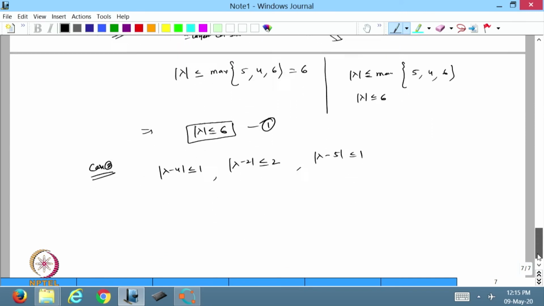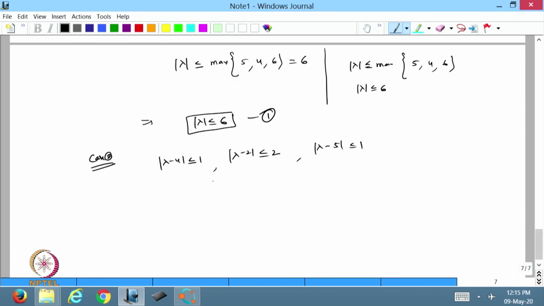So, that is the Gershgorin disks we are getting for this matrix. This is case number 2, and I will take case 3.